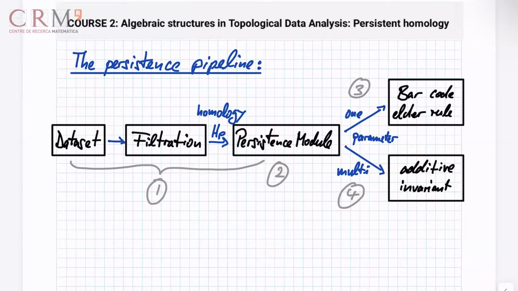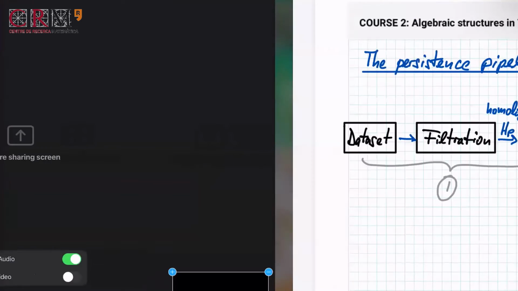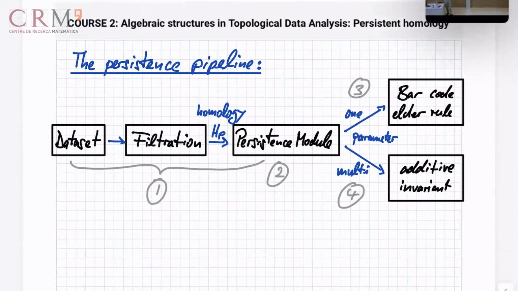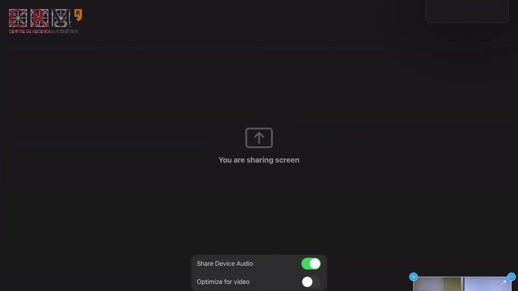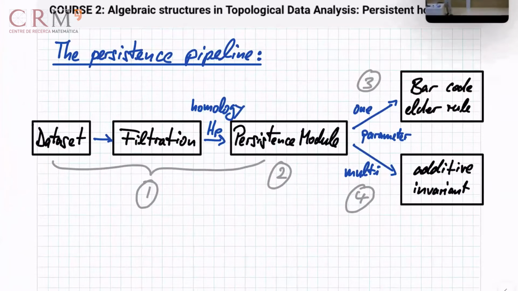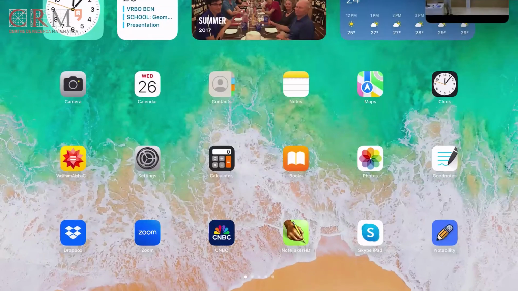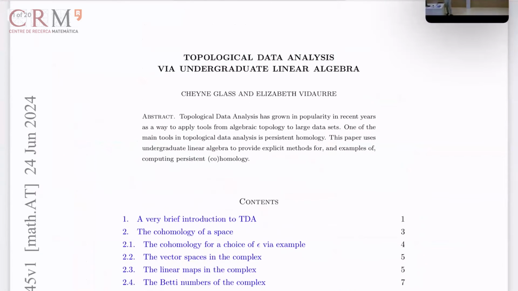And I was going to the archive this morning, as I often do, and check for new papers. And what I see, there is a paper appearing this morning on topological data analysis via undergraduate linear algebra.